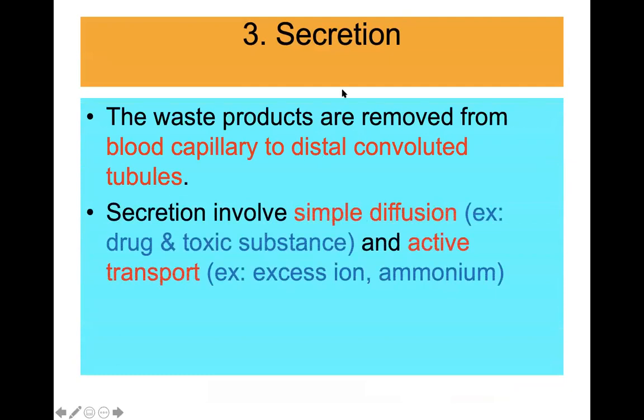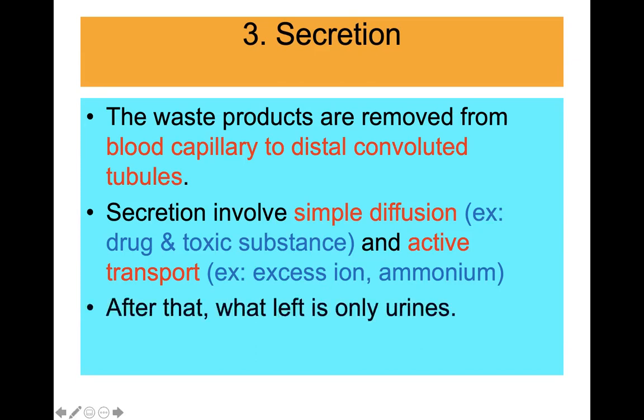The secretion involves simple diffusion, for example drugs and toxic substances. But if there is an ion or ammonium, it will be taken from the blood capillary to the distal convoluted tubule by active transport.